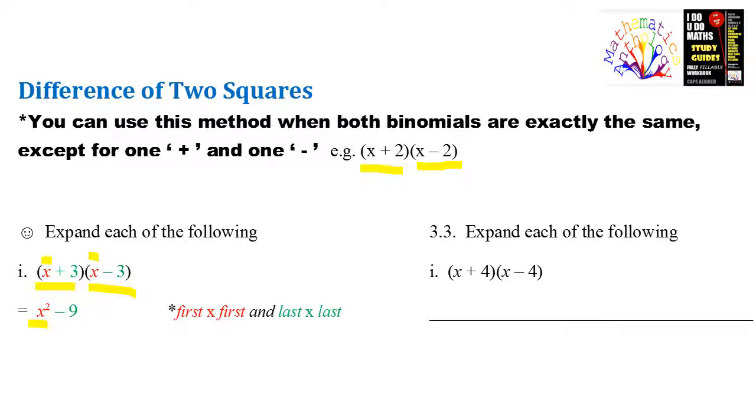Now I need to do my last times last. My last term here in the first bracket is positive 3, and my last term in the second bracket is negative 3. So positive 3 times negative 3 is negative 9. So x plus 3 times x minus 3 can be simplified to x squared minus 9.